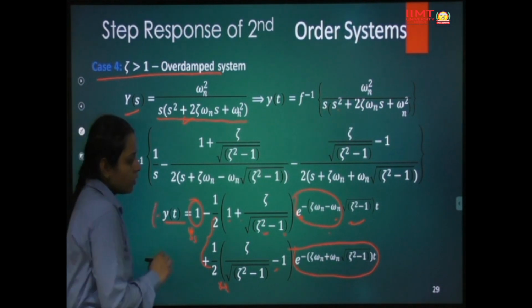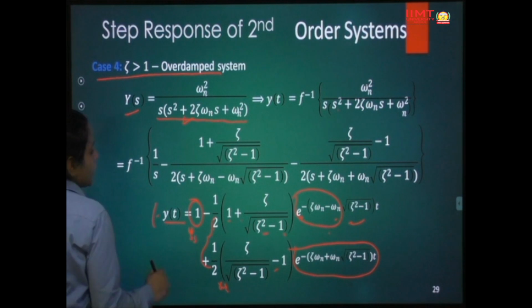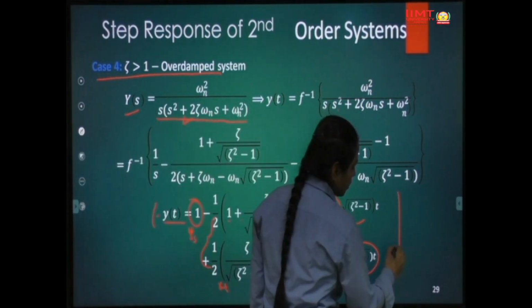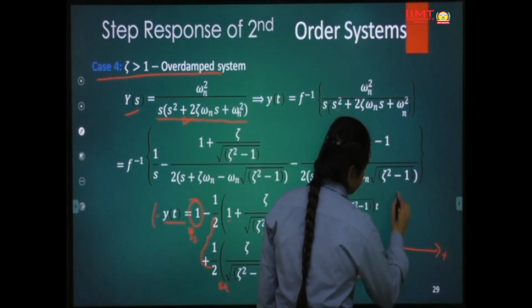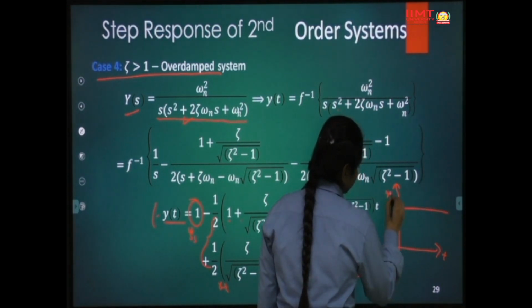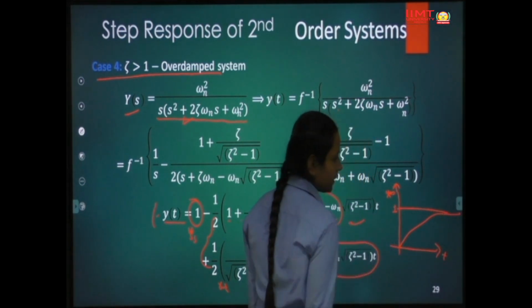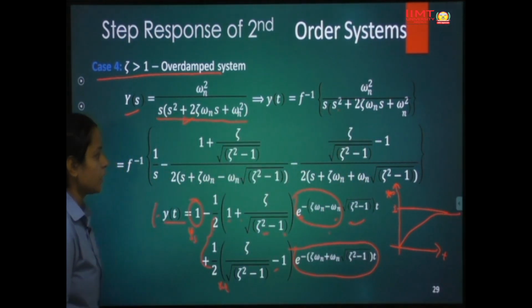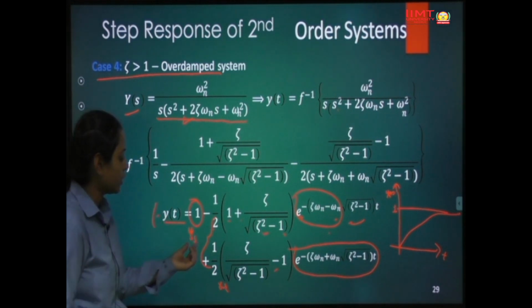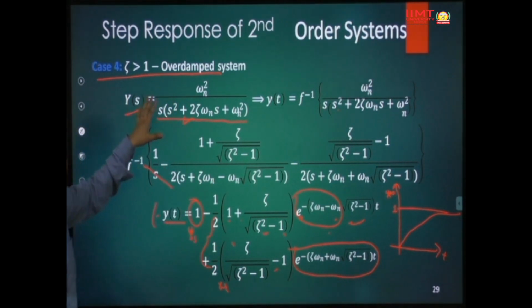When we draw the response, we have t and y(t). This is the overdamped system, so it would take a greater time to reach the value 1. This is the response of a second order system for the overdamped case.